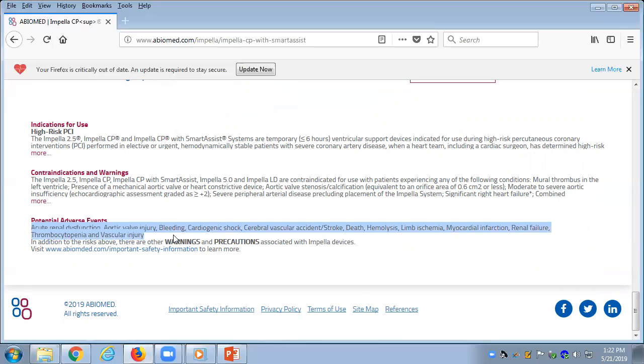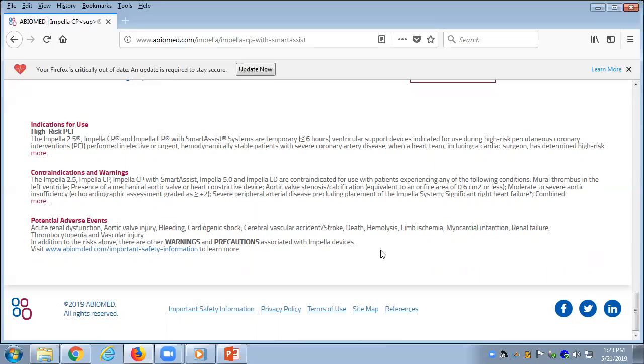So let's see. We had a discussion yesterday about what adverse events are. Acute renal dysfunction, same concept, because we're going through the aorta. Valvular injury, usually that's on insertion.